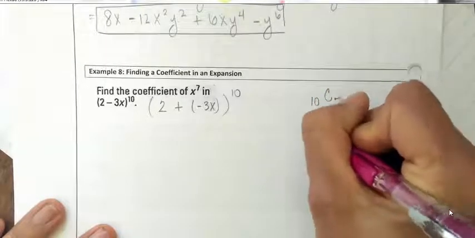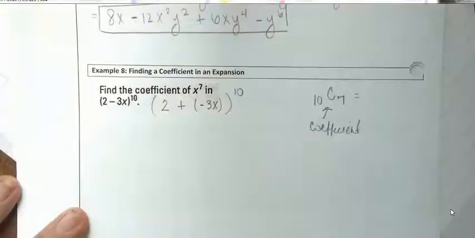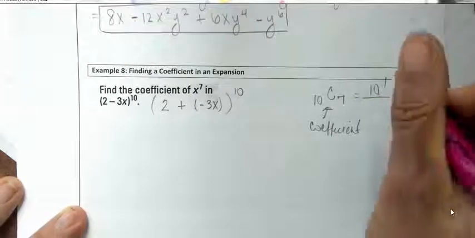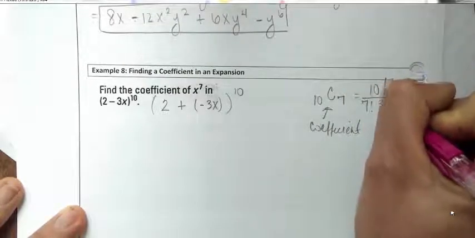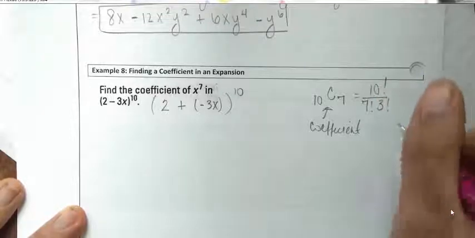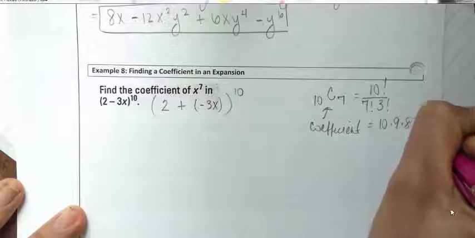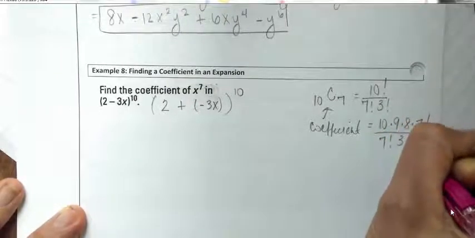So this right here will give you just the coefficient. So that's going to be 10 factorial over 7 factorial, and then take the difference of them, 3 factorial. Or 10 times 9 times 8 times 7 factorial over 7 factorial times 3 times 2.